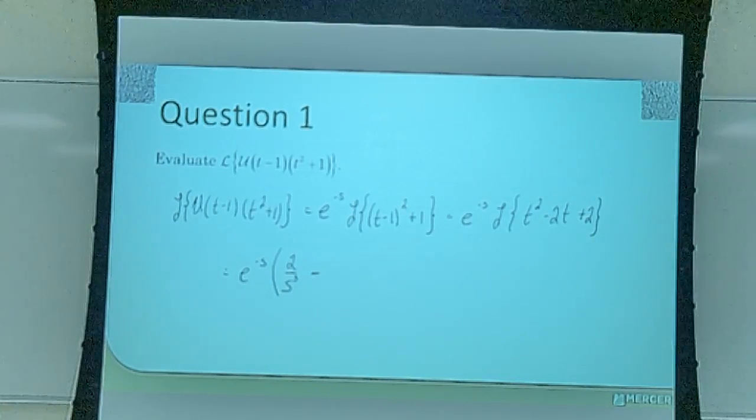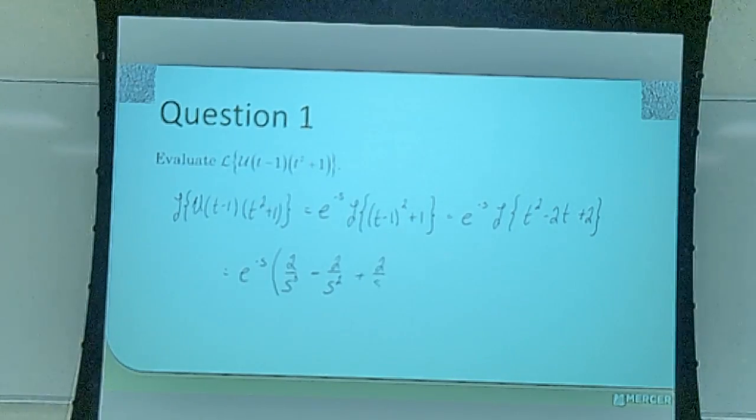Minus 2 times the transform of t. Well, transform of t is just 1 factorial over s squared. And then plus 2 times the transform of 1, which is 1 over s. There's your Laplace transform.